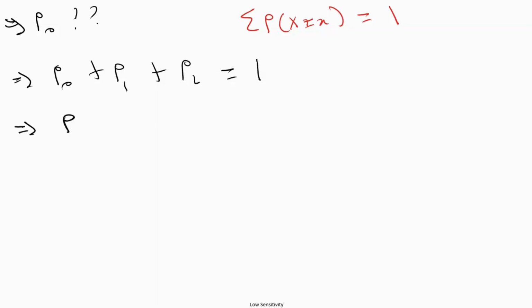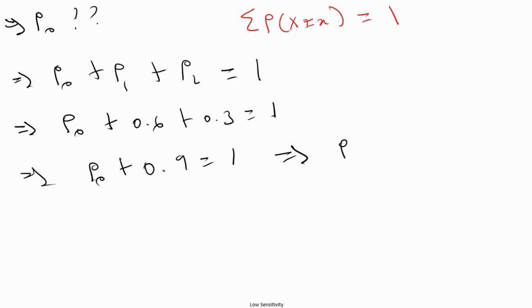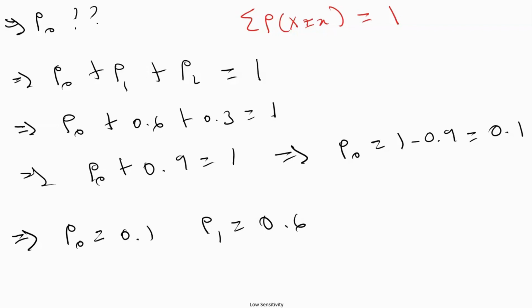We know P1 is 0.6 and P2 is 0.3. Therefore, P0 plus 0.9 is equal to 1, so P0 is equal to 1 minus 0.9, which is 0.1.